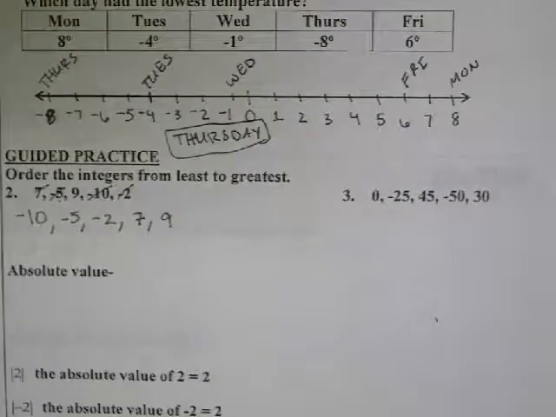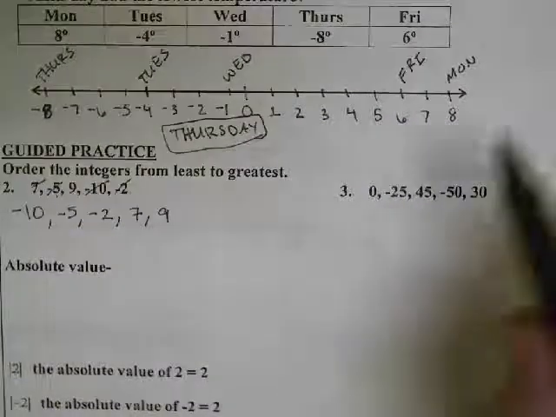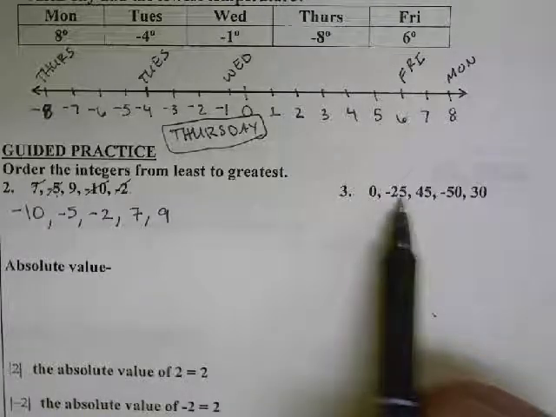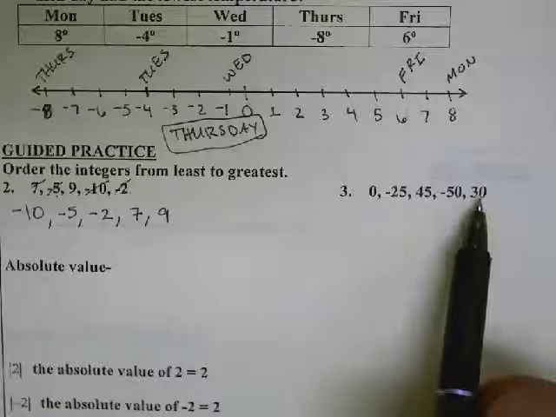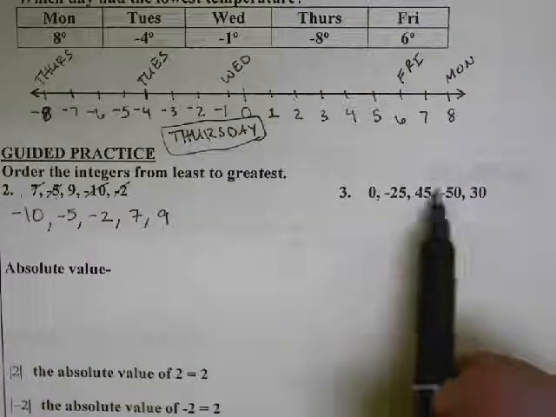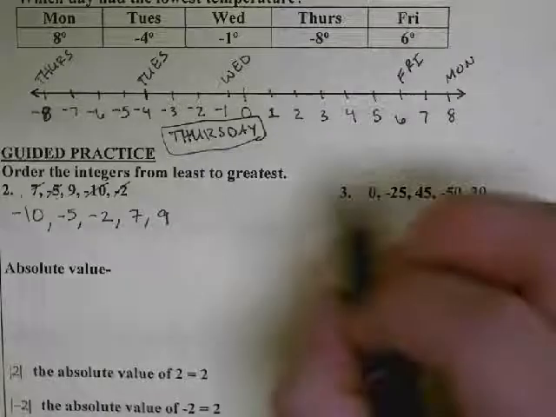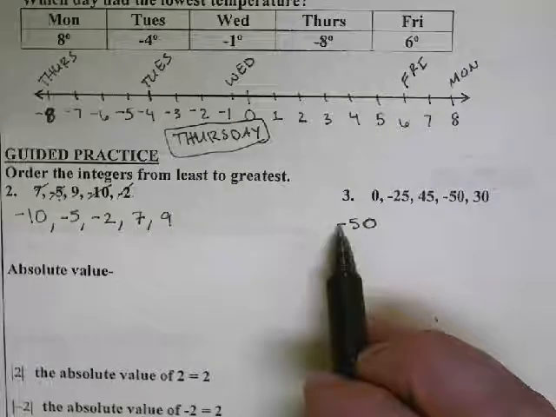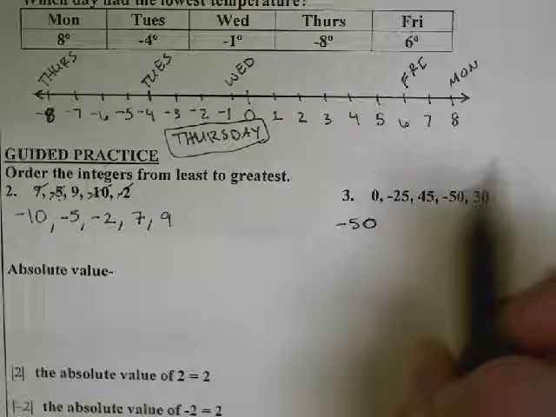So let's try number 3. Which number will we start with first? 0, negative 25, 45, negative 50, or 30? Well, our largest looking negative number will come first. That'll be negative 50, even though this is really the smallest number because it's furthest to the left on our number line.